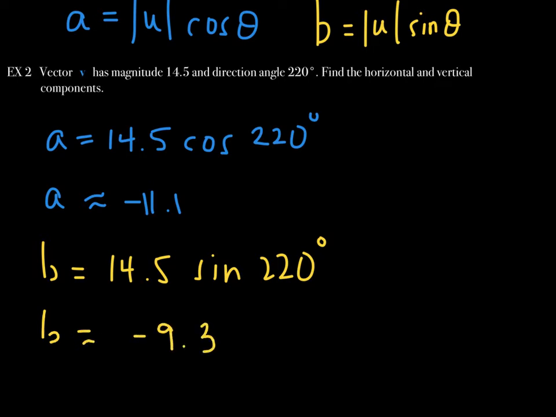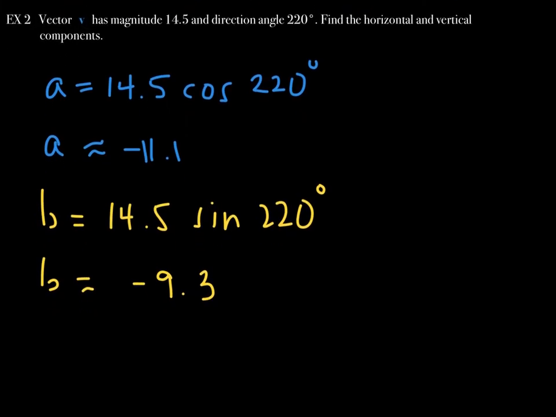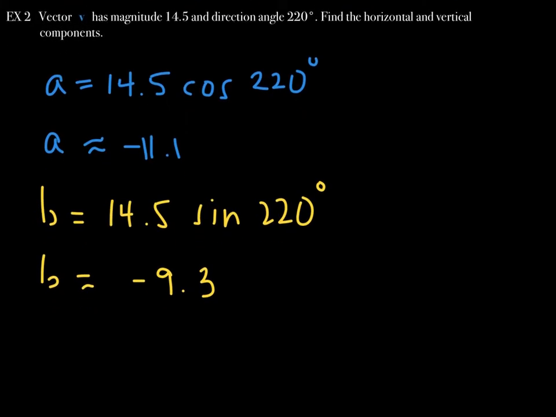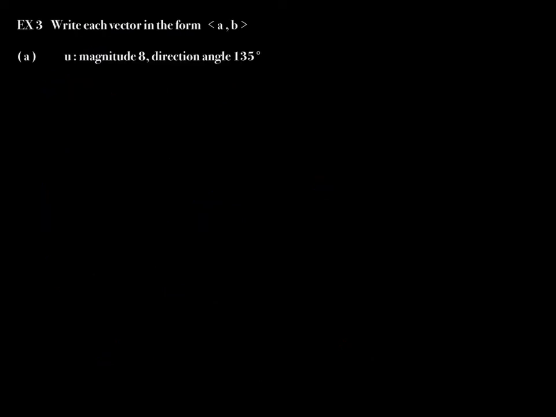Okay, so then my answer for the components is the following. So we have this vector V, right? And it has these components, negative 11.1 approximately, comma, negative 9.3. I'm using the special vector notation, okay?